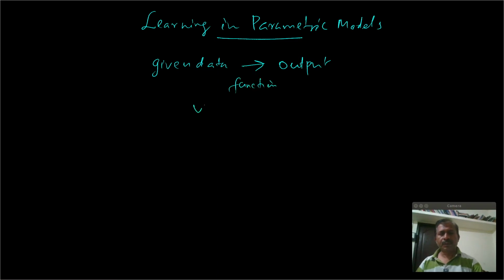So if I denote the output as y, we have a mapping function which maps the input data to output. This is what we call a model, right? And we can have two types of models.